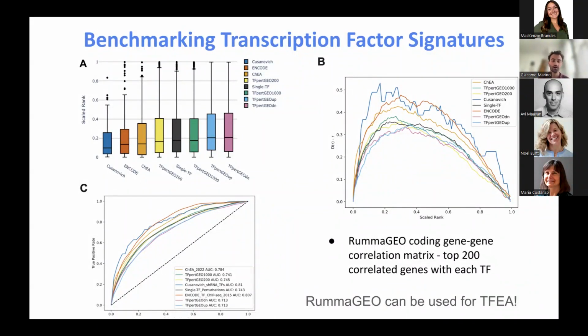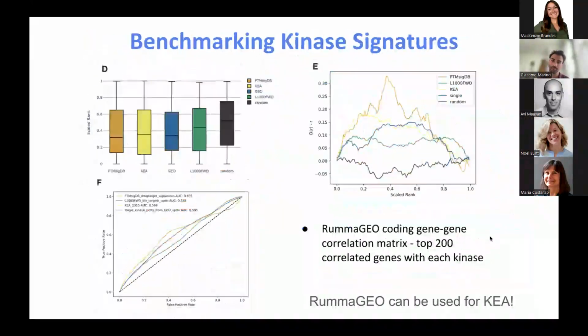And we see that the recovery is actually quite good for transcription factors in that it's ranking the correct transcription factor very highly across many of these benchmarking libraries. And we can use a similar procedure to create a kinase gene set library from RamaGeo. And though this doesn't perform quite as well as the transcription factors, we can still see better than random recovery of those kinases.